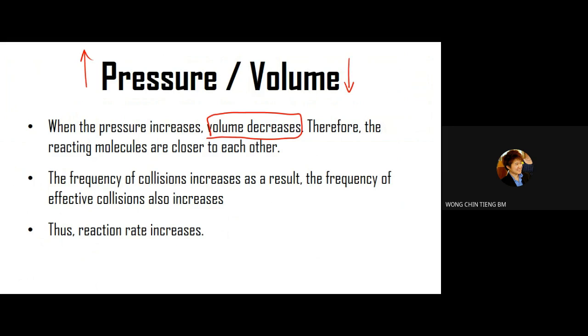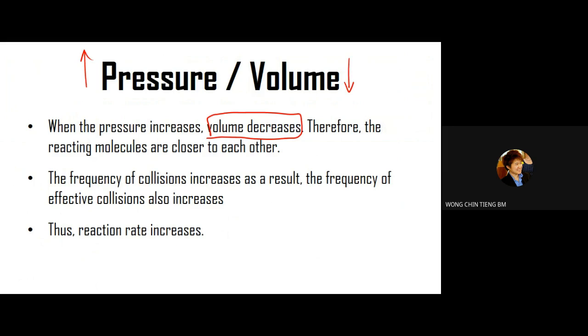Nampak? So dia nak kata hafal, I don't think you really need to memorize. You only need to know one thing is, if I want the rate of reaction increase, saya nak benda tu berlaku cepat, bermakna dia kena berlanggar dengan banyak. Macam mana saya boleh berlanggar dengan banyak? Kawasan yang luas atau kawasan yang kecil? Obviously, kawasan yang kecil. Betul?